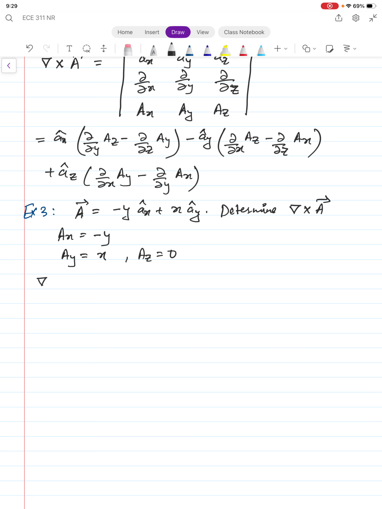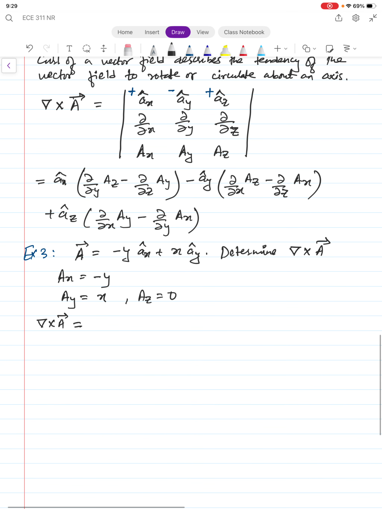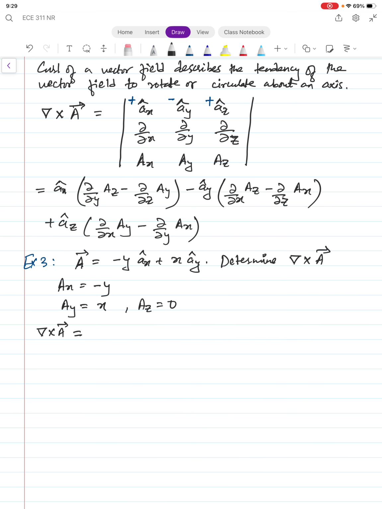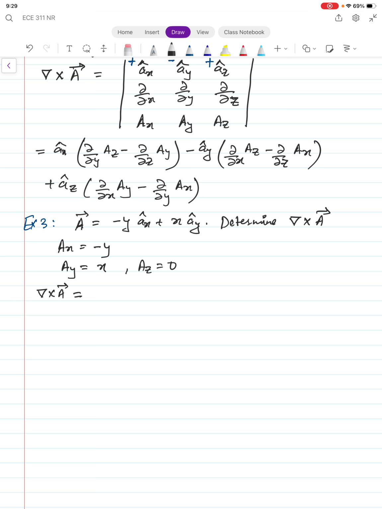Now del cross A. You can start with the determinant, but I'll directly use this formula. For the ax component, there's no z component, so the first term is 0.